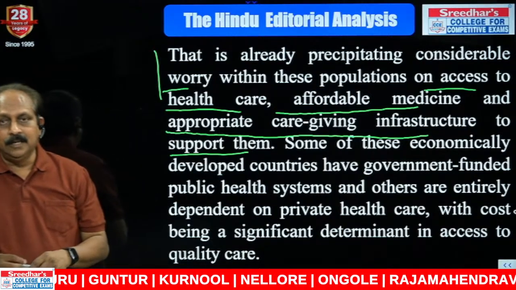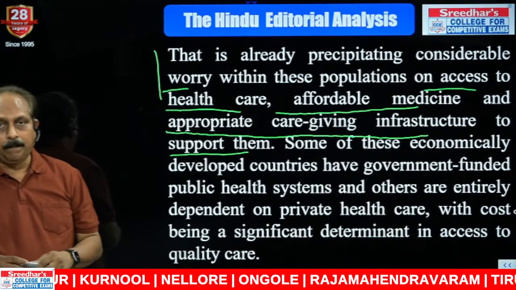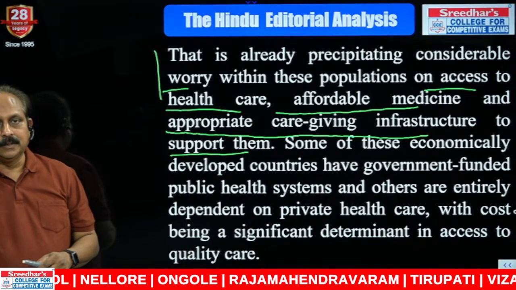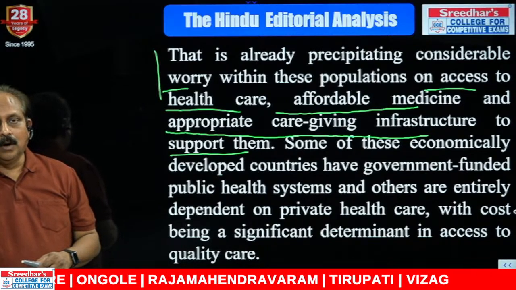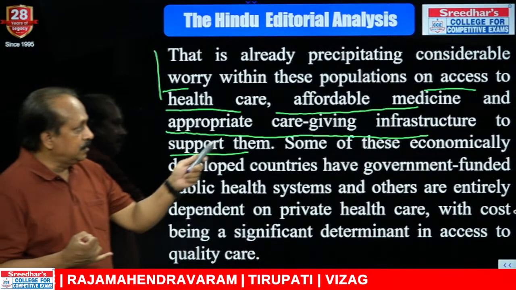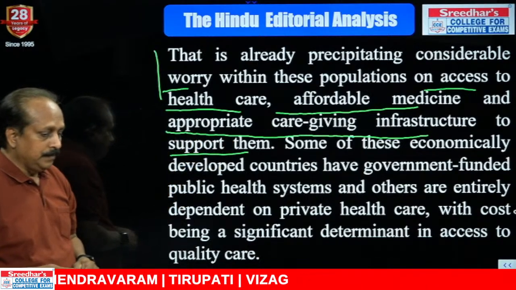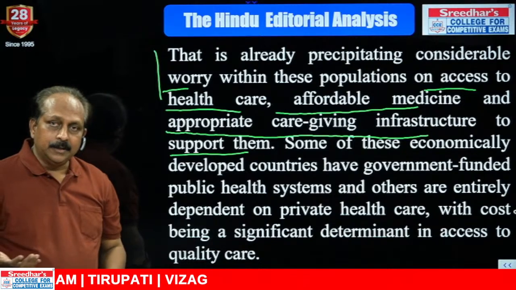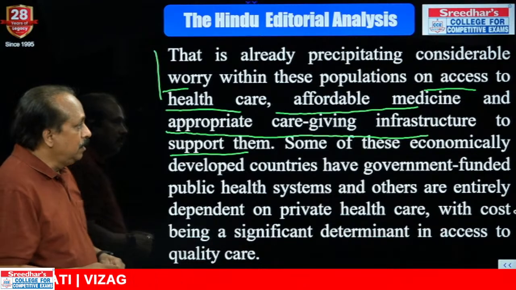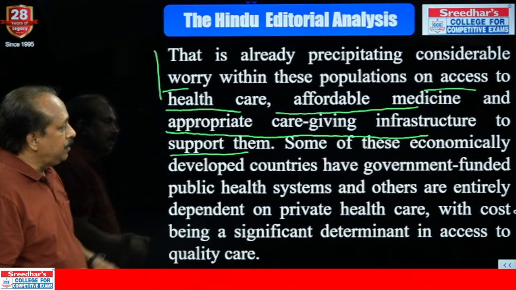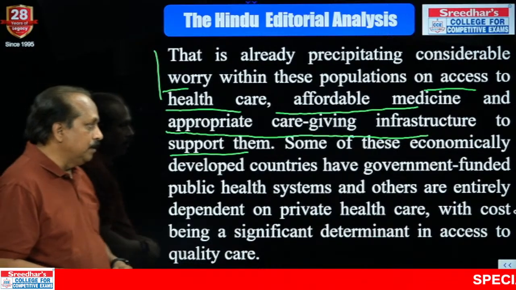They have three worries. One is access to healthcare. Second, affordable medicine, whether they can afford it or not. And third, appropriate caregiving infrastructure to support them.